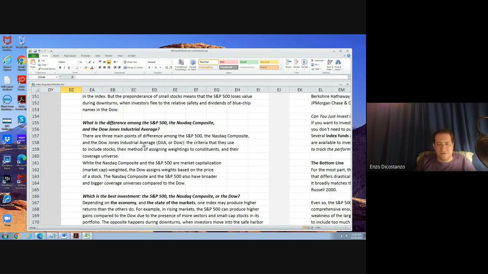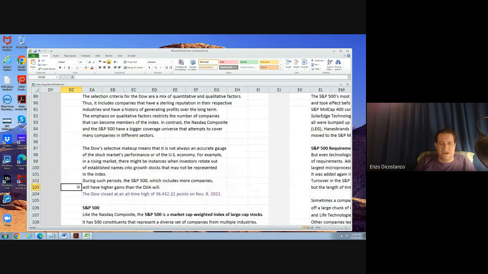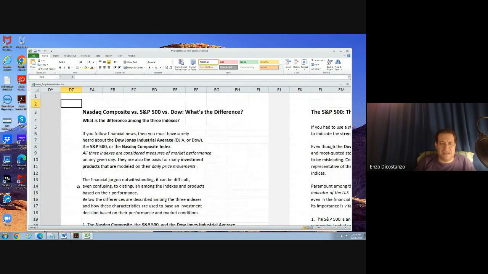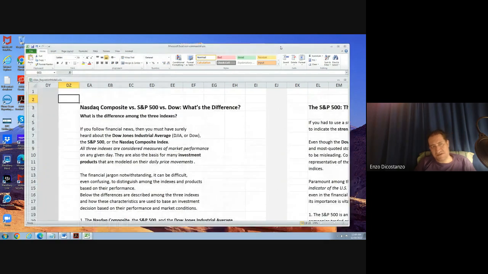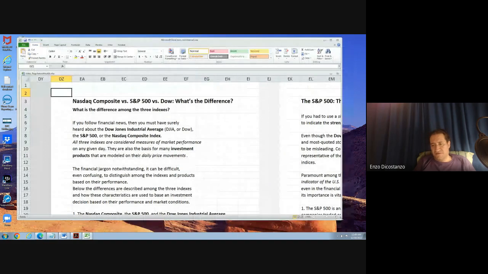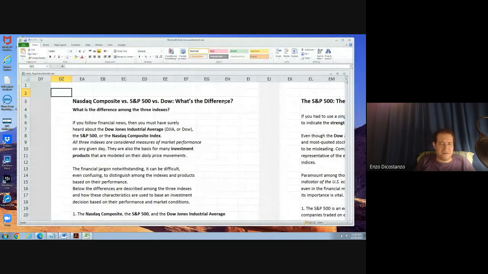The criteria used to include the stocks, the method of assigning weights to the constituents, and the coverage universe are really the differences: how a stock is added, how the weights are computed, and then the spectrum. How wide of a net are you casting in the economy? Okay, that's our nice little conversation about the Nasdaq and the S&P 500 and what the differences are. So you guys will take a look at those notes.